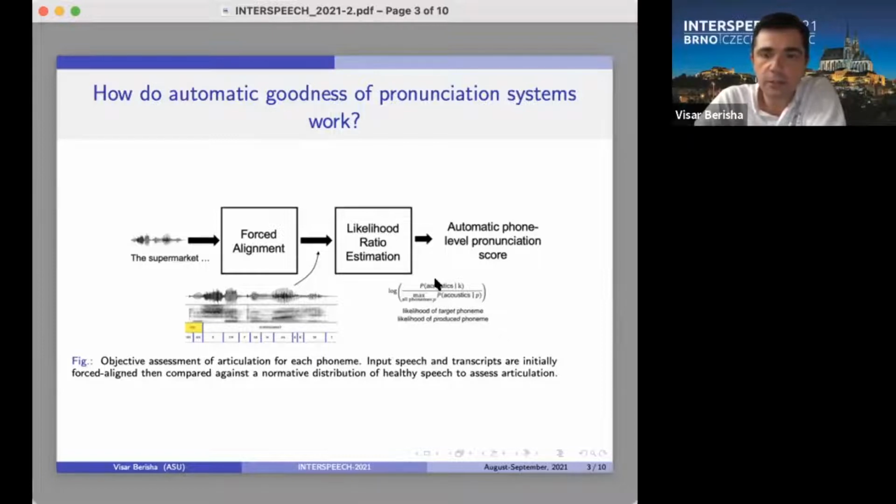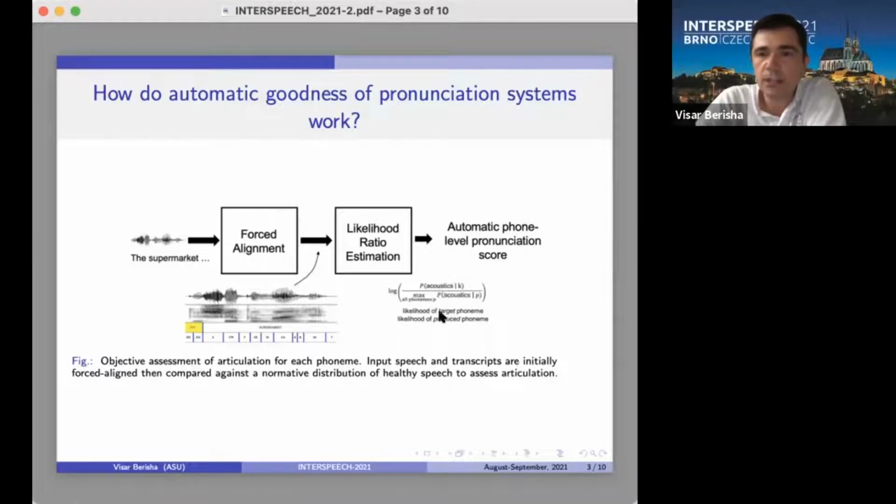If the target phoneme probability is the same as the maximum across all other phonemes, then the acoustic model provides the same value, and so you have the log of 1/1, which is 0, and that's the largest score that you can get. Of course, if there's another phoneme, not the target phoneme, that results in a higher probability, then the quantity inside the parentheses is less than 1, and the log of that is negative.